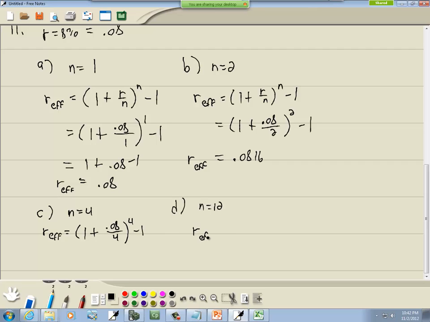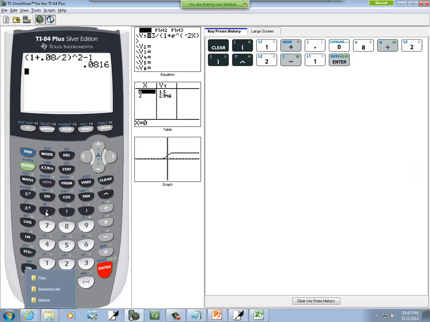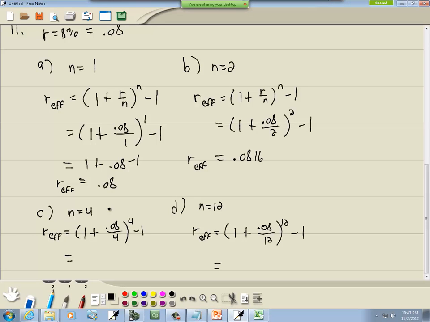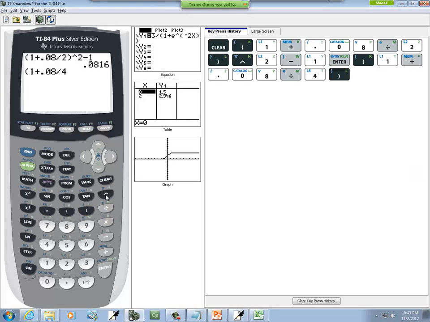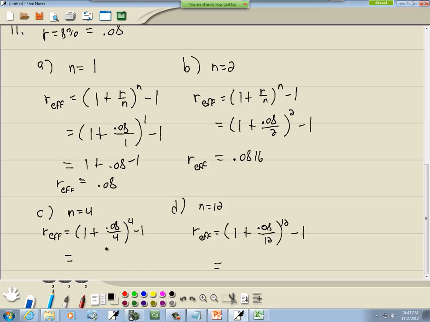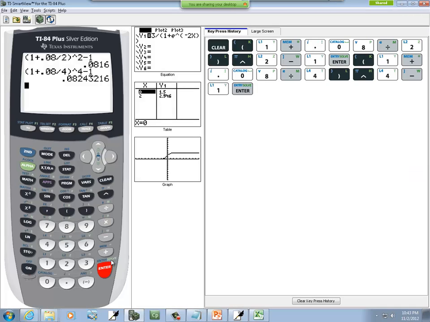And this one is 1 plus 0.08 divided by n, which is 12, raised to the n power, which is 12, minus 1. So we've got beginning parenthesis 1 plus 0.08 divided by 4, close parenthesis, caret 4 minus 1. Doesn't really say how many decimal places to take it out to. I guess 4 maybe. 0.0824.